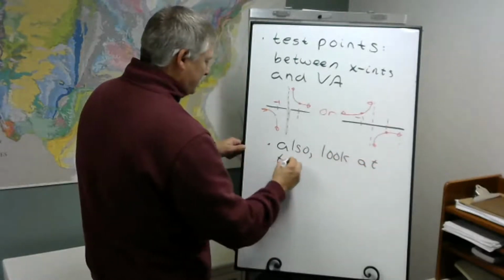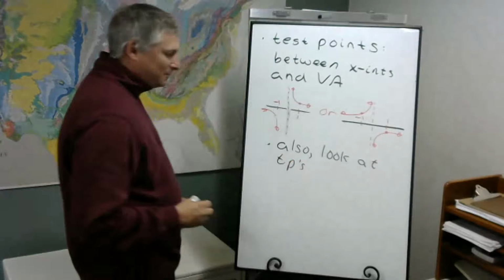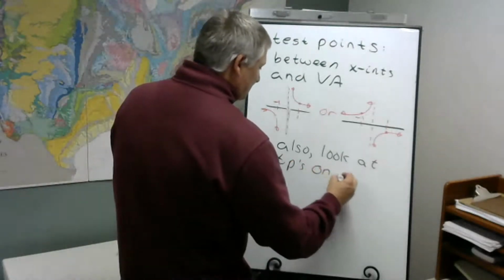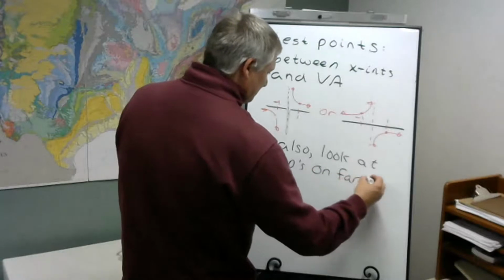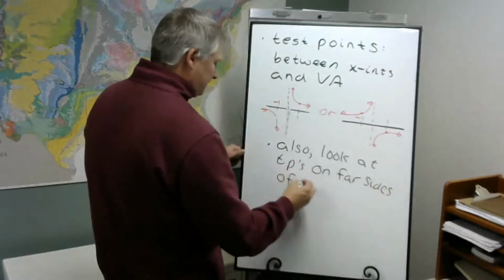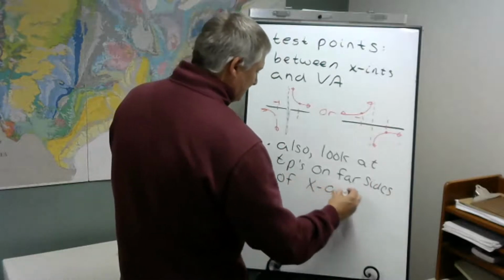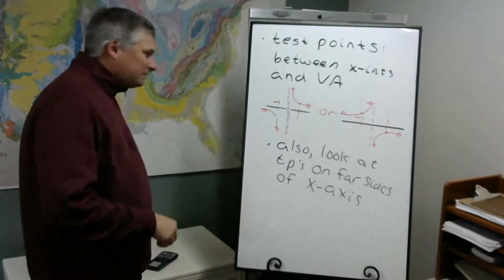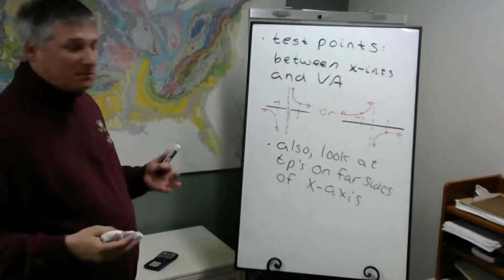I'm going to abbreviate test points as TPs. We'll look at TPs on far sides of the x-axis. So what does this mean?